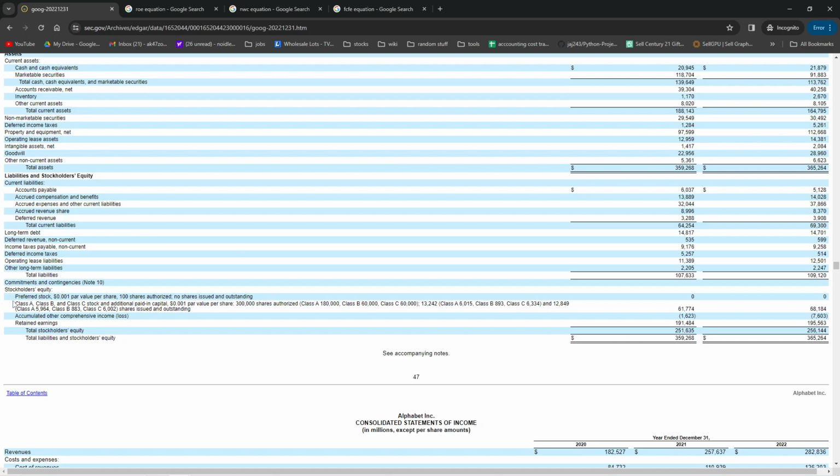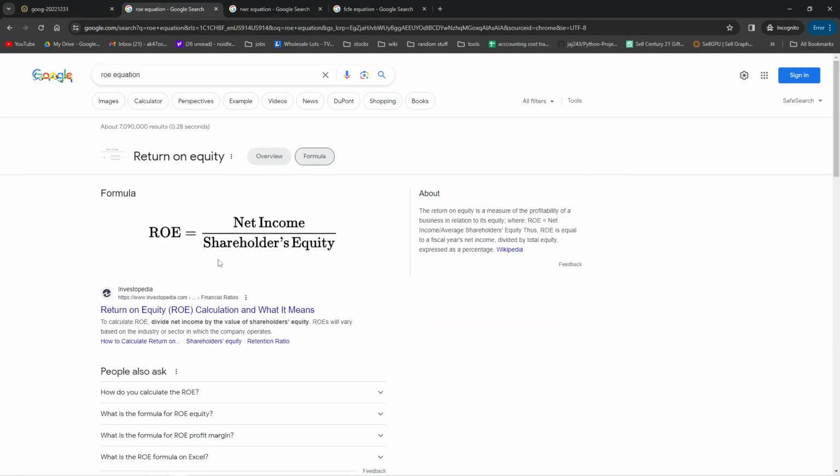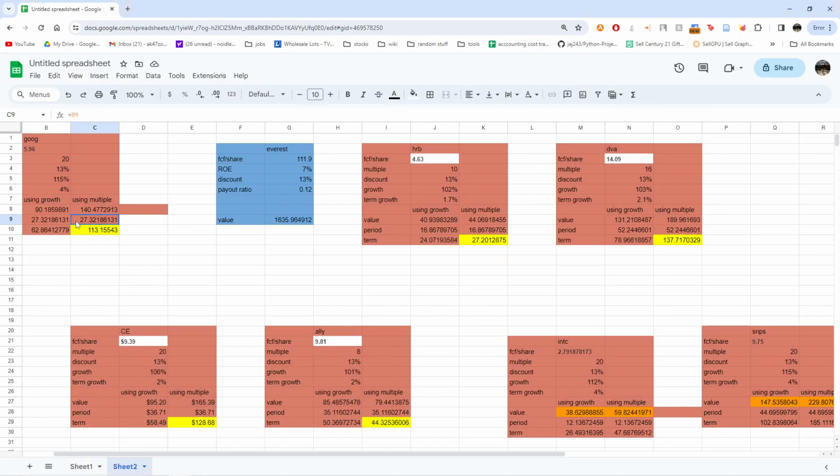So we'll see the equity right here, 251, and we would divide the net income by that. The equation is pretty simple, and this is where we derive a lot of the inputs for this type of equation where we're valuing using the ROE, not a multiple or a terminal growth value. So this is where that number comes from and kind of the background into it.